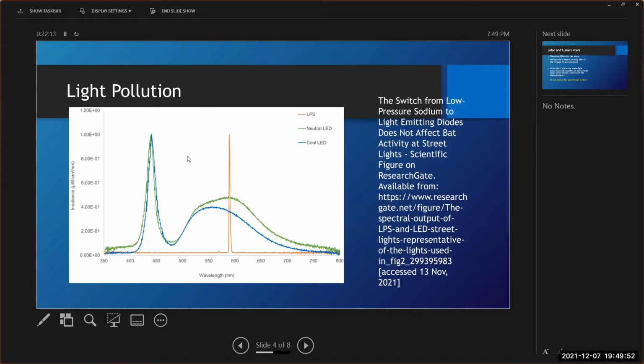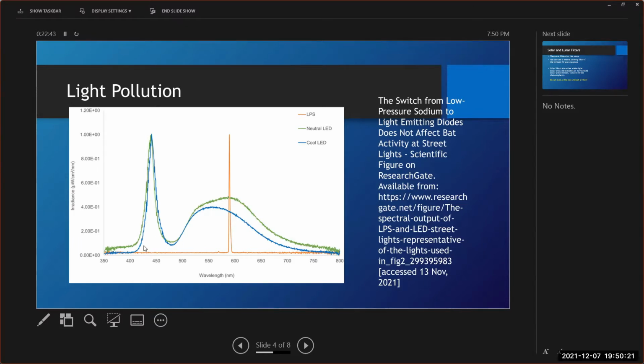There were some technical improvements. I hope I don't have a lighting engineer present. At any rate, Cree over in Durham came up with these LED lights, and they have exploded in use. And if you see the green curve and the blue curve, you can see that the neutral LED, I'm trying to think what is the difference between the green and the blue.